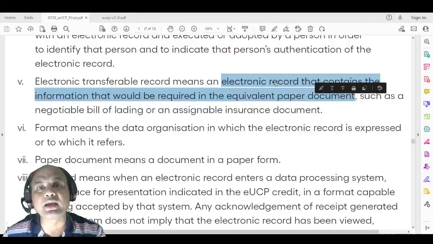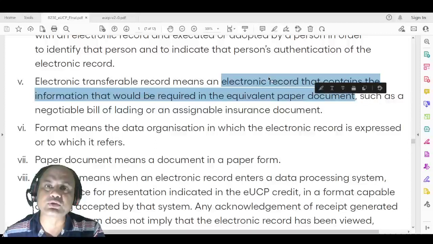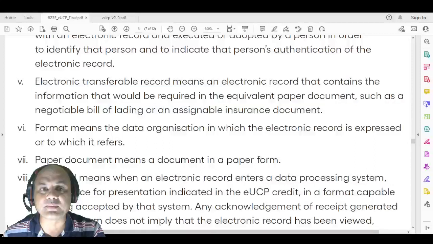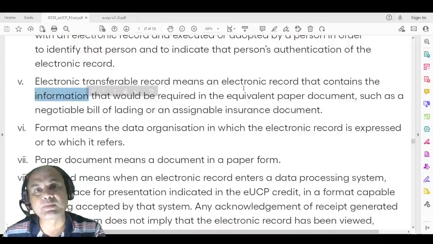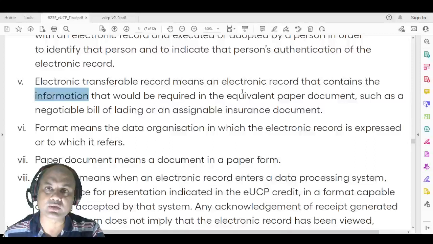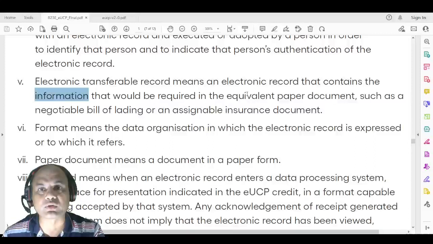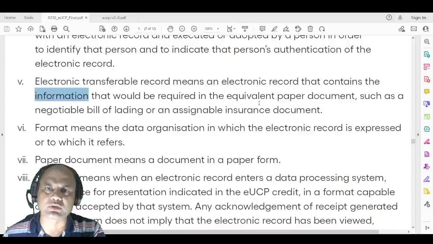If I want an e-bill of lading, it should have the same information that would be there in the physical bill of lading, or that bill of exchange or insurance document or any negotiable document. Okay, that is number 5th.